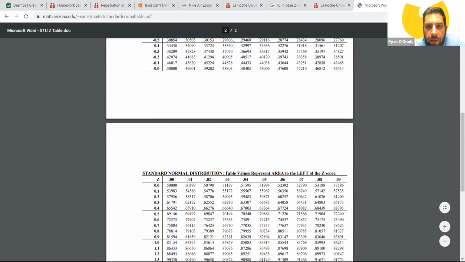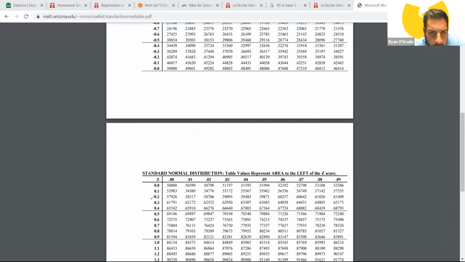And so if I come down here, what I'll notice is this is the column that I'm interested in right here. And then I only asked us to find for 0.1. So all I have to do is go to the right and find the appropriate second decimal place, in which I asked is 0.1.